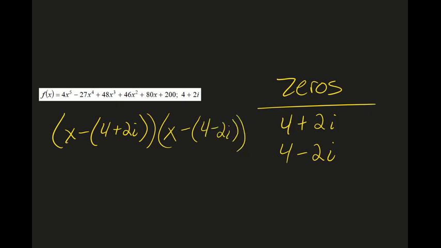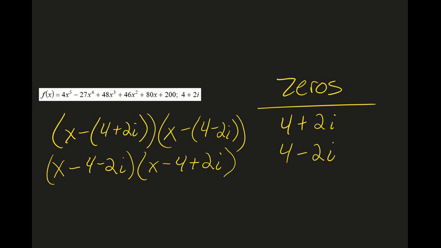So watch your signs with this. When you distribute this, we'll have x minus 4 minus 2i multiplied by x minus 4 plus 2i. I would write it out with this, watch your parentheses, and with conjugates, you're just changing one of the signs in the zeros. That does not change this sign in the factors.